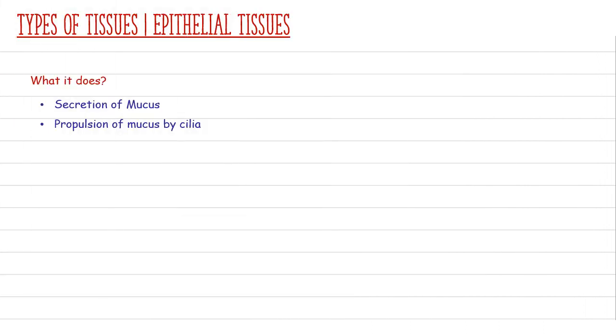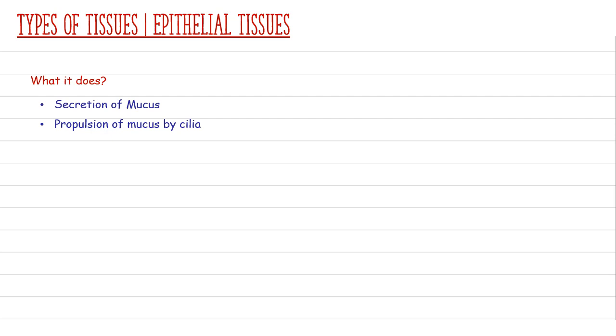Continuing our tutorial, let's look at what the pseudostratified columnar epithelial tissue does. They usually have a secretory function, as I stated, because of the presence of goblet cells.